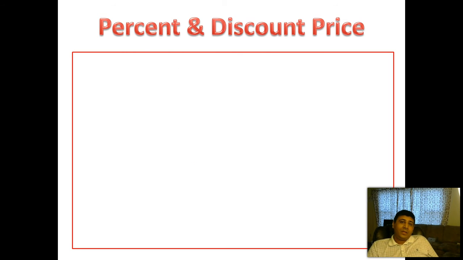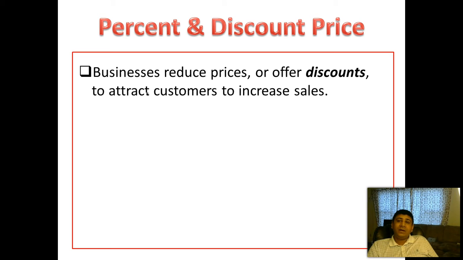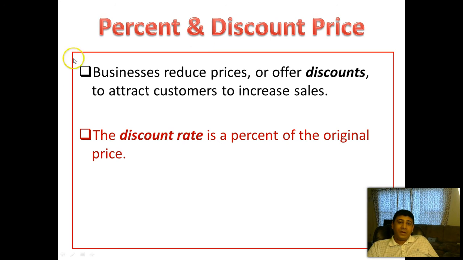Now let's look at discounts as well. Businesses offer reduced prices, or discounts, to attract customers and to increase sales, especially on Thanksgiving, Christmas, and New Year. There are special discounts and sales. The discount rate is always given in a percent, and it's a percent of the original price.